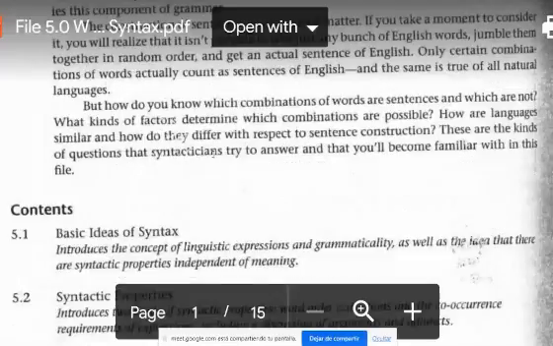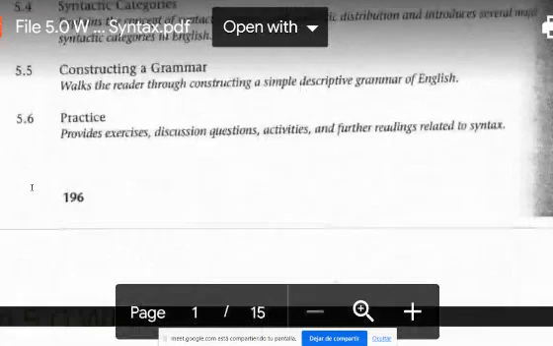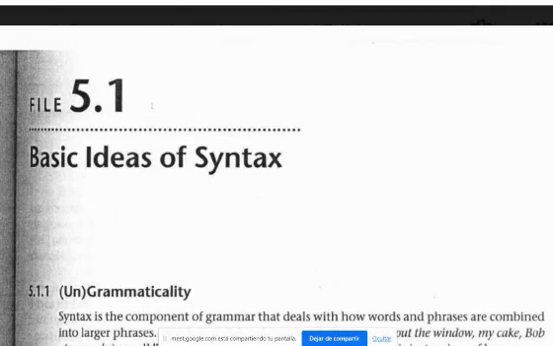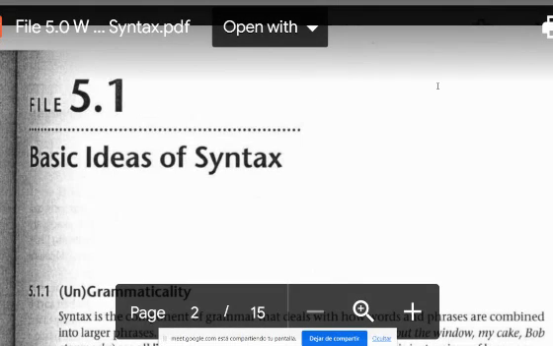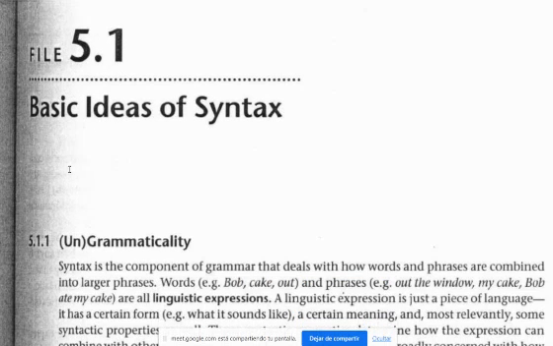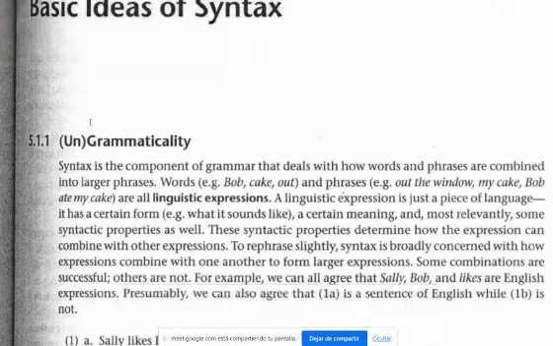After 5.0, what do you have? 5.1, 5.2, 5.3, 5.4. Look at the order. They are using the Linguistic Society of America format. Now, 5.1 is basic ideas of syntax, and 5.1.1 refers to this. The article is written using LSA.